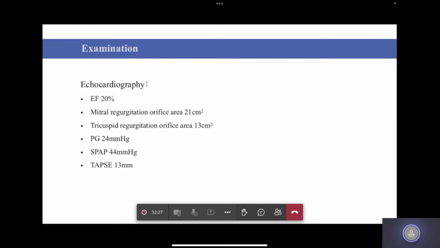The echocardiography shows his ejection fraction is 20%. He also had severe mitral and tricuspid valve insufficiency.